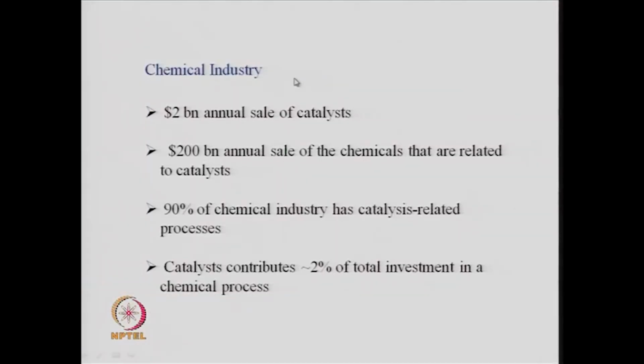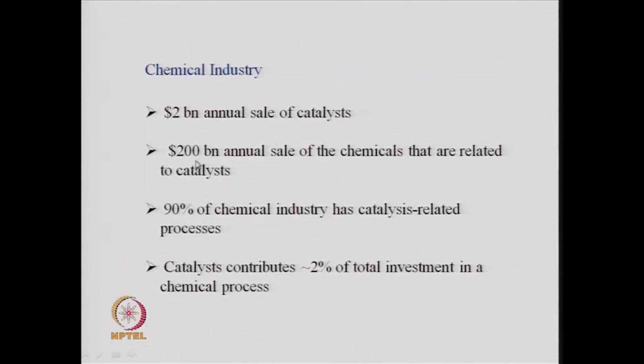Now, if you look at the importance based on the chemical industry, we can see that there is an annual sale of catalysts of around $2 billion. And if you look at chemicals that are all related to catalysts, not exactly catalysts, then the sale goes even 100 times more.